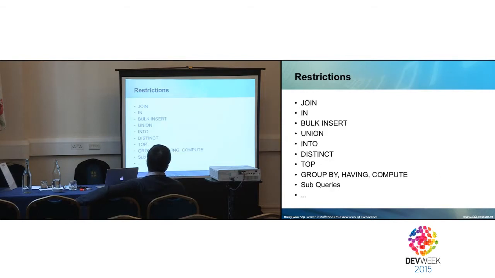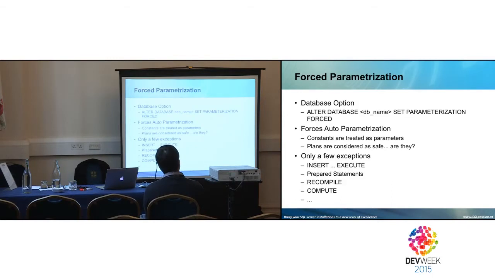With auto-parameterization, we have a huge number of restrictions. For example, when you join two tables, SQL Server can't auto-parameterize your SQL statement anymore. When you use an IN, a UNION, a DISTINCT, TOP, and so on, SQL Server can't auto-parameterize that anymore. Therefore, we have a database option. Forced parameterization means we can tell SQL Server that it should auto-parameterize almost all of our SQL statements.